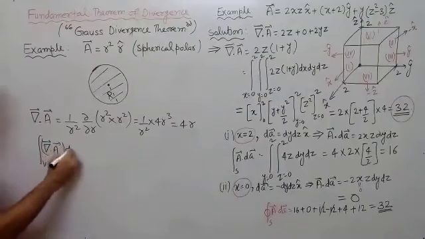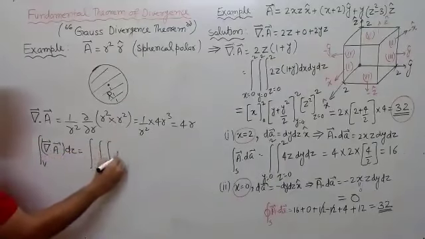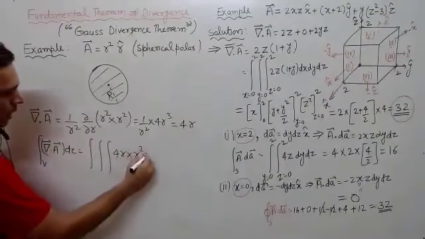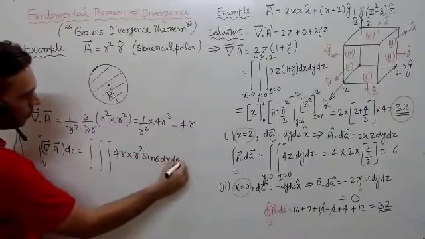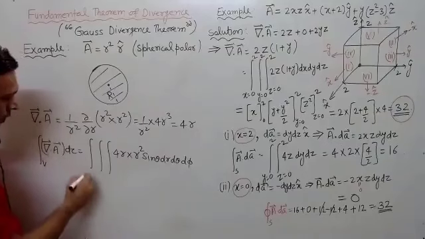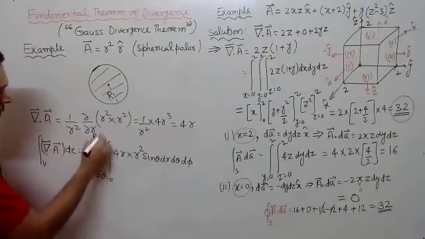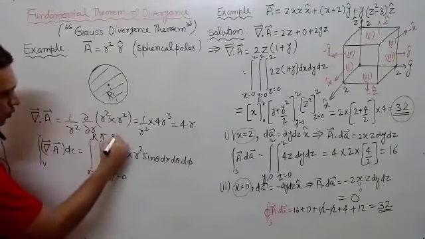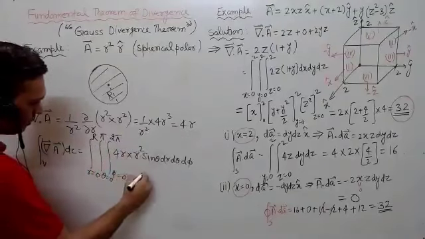Now you have to see in spherical polar coordinates how to find the volume integral. So this is 4r, and what is d tau? r square sine theta dr d theta d phi. What will be the limit of r? 0 to capital R, theta 0 to pi, phi 0 to 2 pi. So calculate this integral.